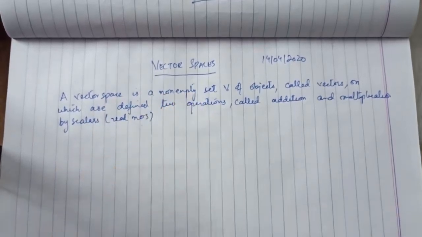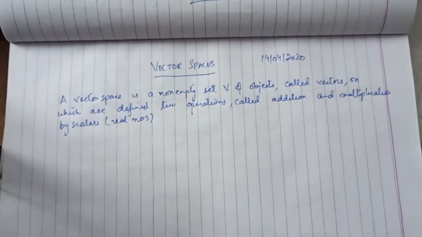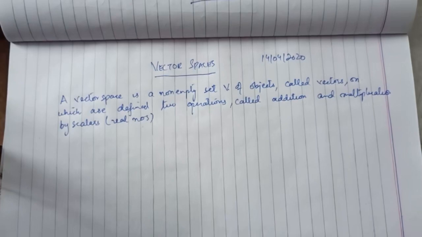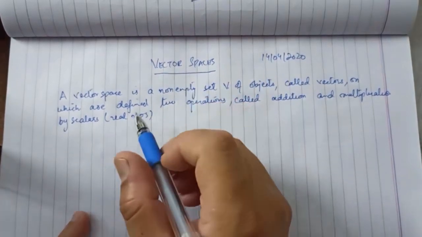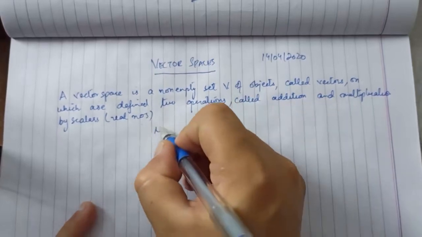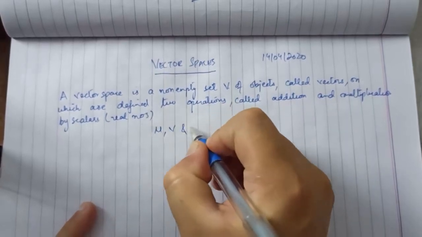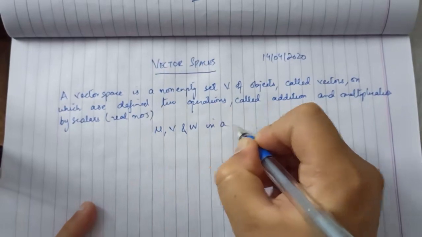Now generally a vector space must follow 10 axioms.